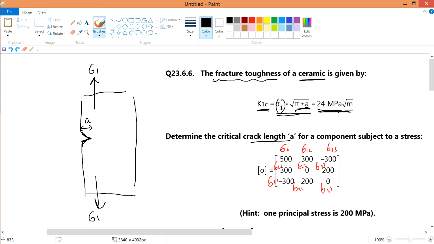Since we know that sigma 1 is equal to 700 MPa, we can sub back into this equation, which is to find our fracture toughness.